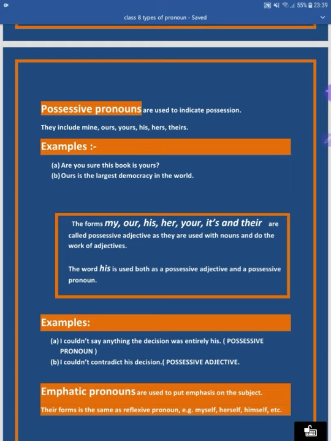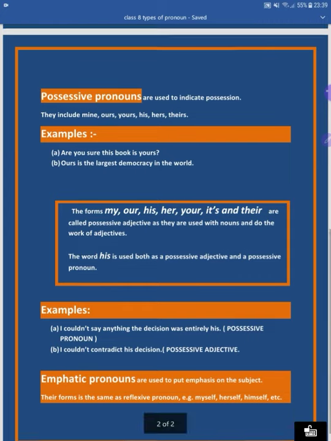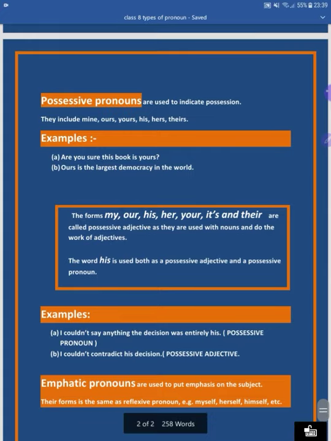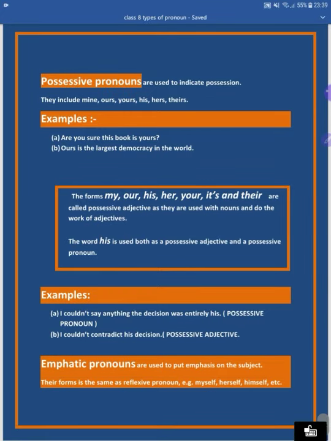But in the next sentence, 'I could not contradict his decision,' his is modifying the noun. So that's why this is called a possessive adjective. Emphatic pronouns, the last one, are used to put emphasis on the subject.